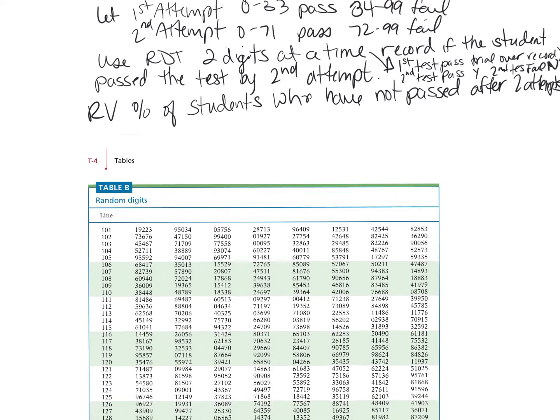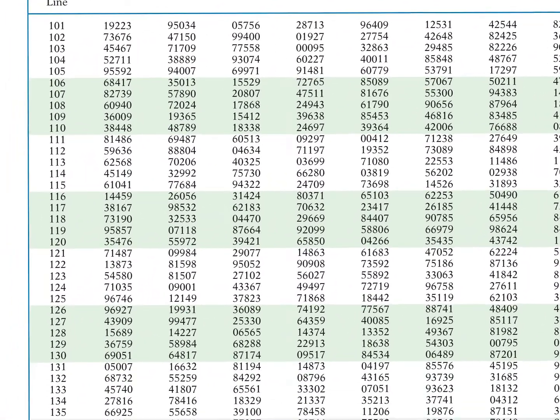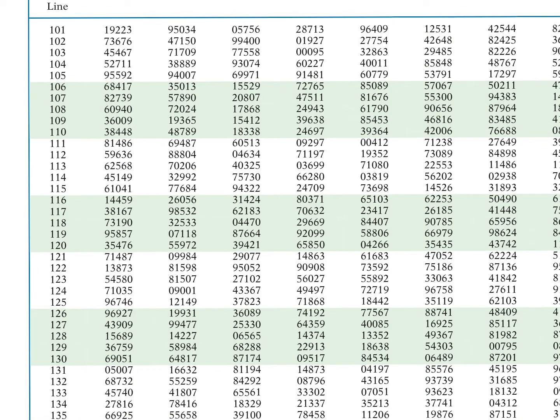So let's look. I think we probably want to go to like, well, I'm just going to say line 112. It doesn't matter where we start, but we're going to start there. We're using 2 digits at a time. So 59 is a fail.